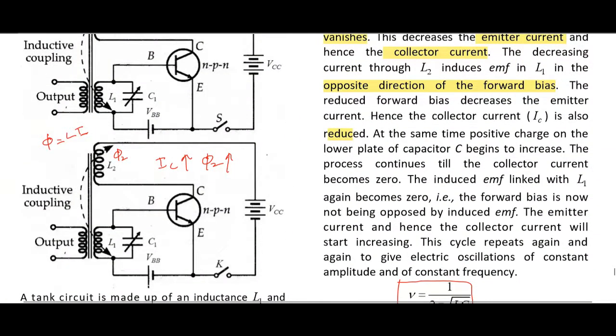Phase difference of 180 is induced by the common emitter amplifier. 180-degree phase difference is produced by inductors.